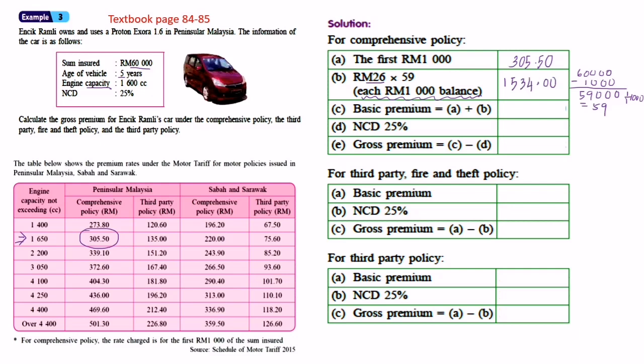Now we calculate the basic premium. So A plus B equals 1,839 ringgit 50 cent.